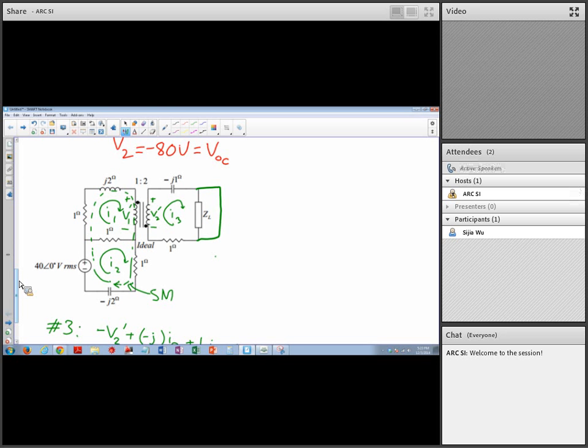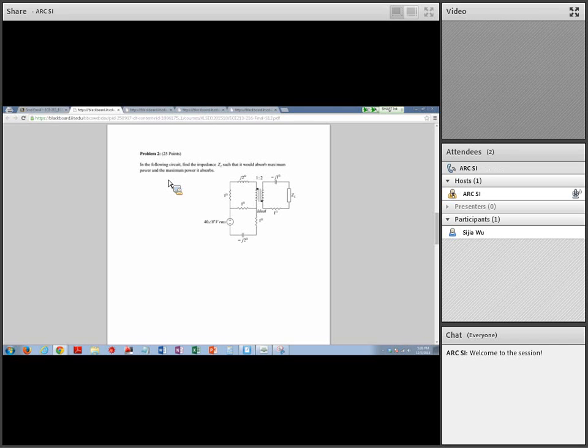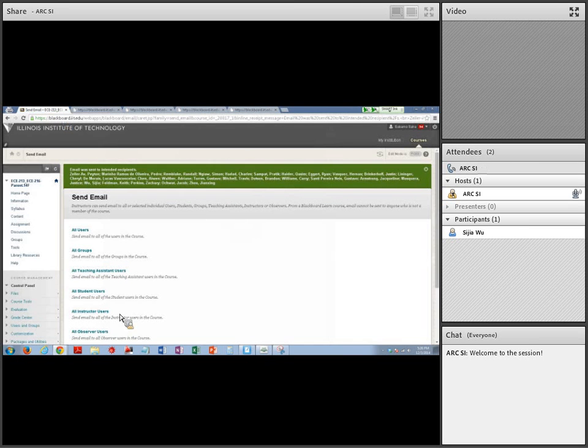That's the maximum power transfer over both of them. When you have to find ZTH or V of ZL, you still have to do the voltage division, and you can do V squared over R, V squared over Z. He said, find the impedance of ZL such that it would absorb maximum power.